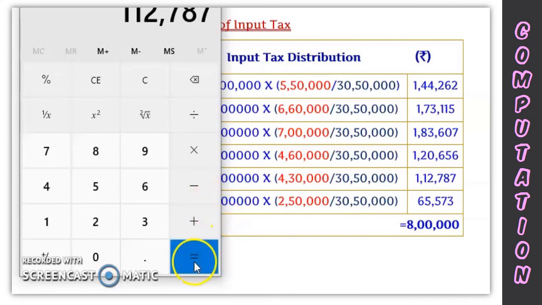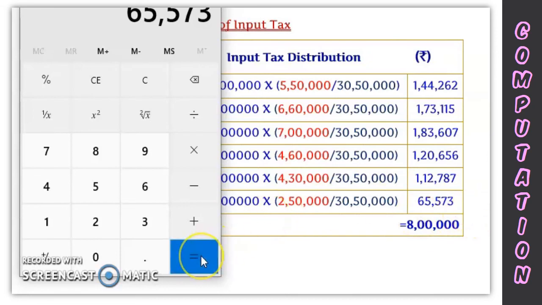Okay, so the difference is 65,573. It was actually 574 if you round it up, but somewhere we have rounded up the value, right? So that's why we have to take it as 65,573, so that the total sums up to 8 lakh, which is equal to the input tax.